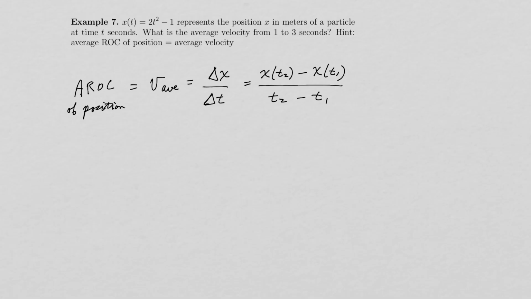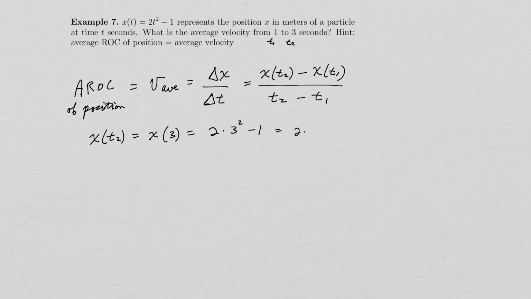Okay, what is x at t2? Well, t2 was 3 seconds, right? I want to know the velocity from 1 to 3. So basically, like the t1 is the 1 and the t2 is the 3. So this is x of 3, which is going to be, if I plug it in, 2 times 3 squared minus 1.